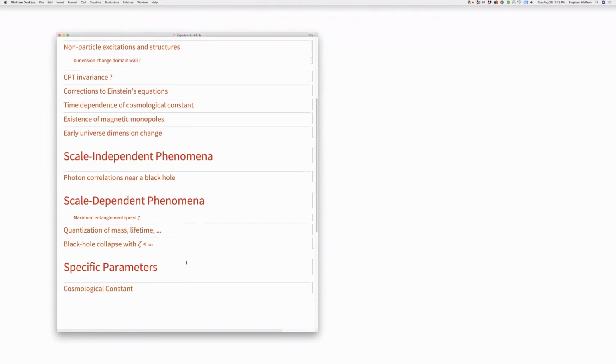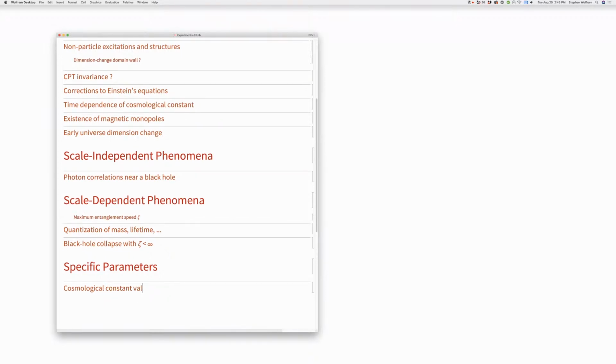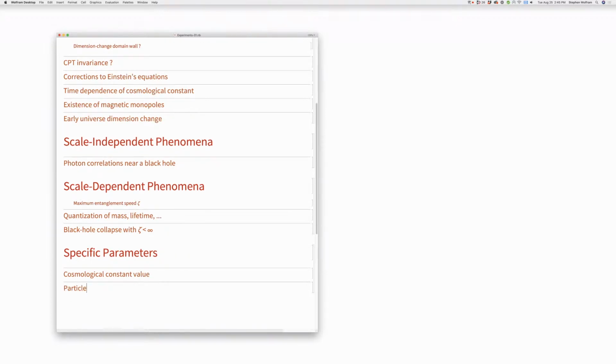Clearly all the particle masses, but that's specific parameters, right? That's particle masses, all the details about gauge groups and so on, but that's not what we're looking for here.